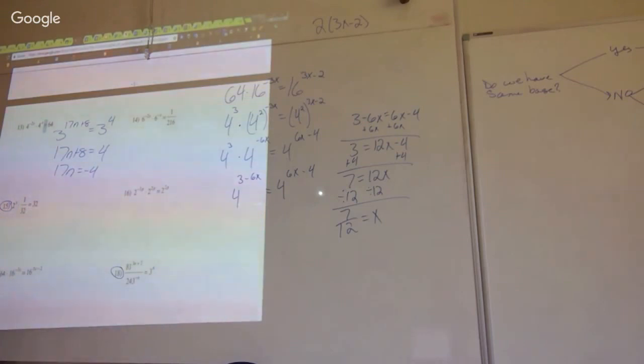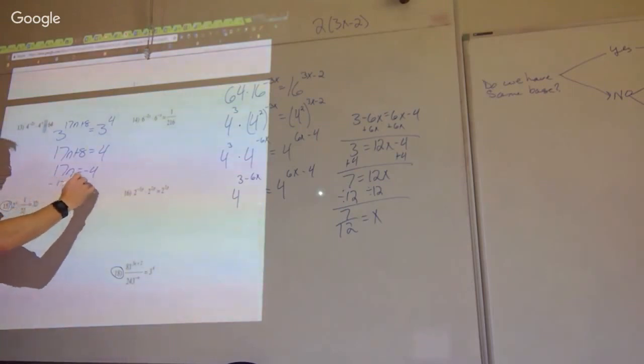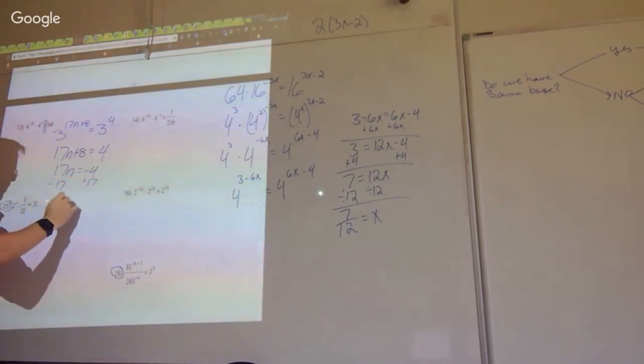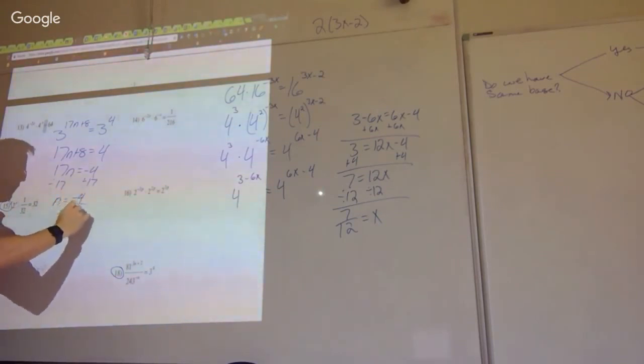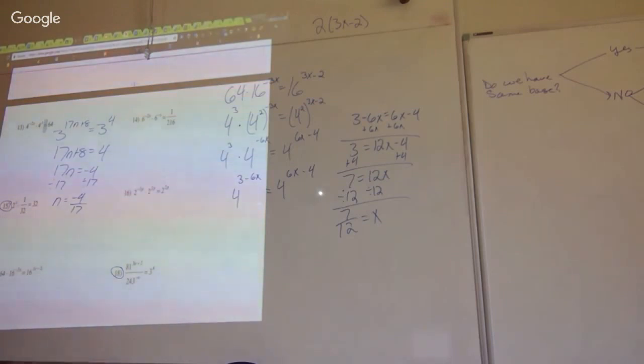Negative 4. How do I get rid of the 17? Divide by 17. n equals negative 4. You divided the wrong way. Not 17 divided by 4, divided by 17. Negative 4 over 17.